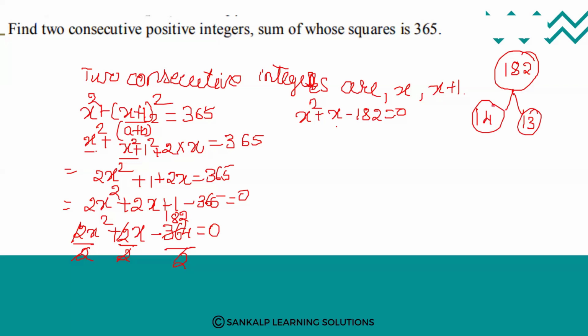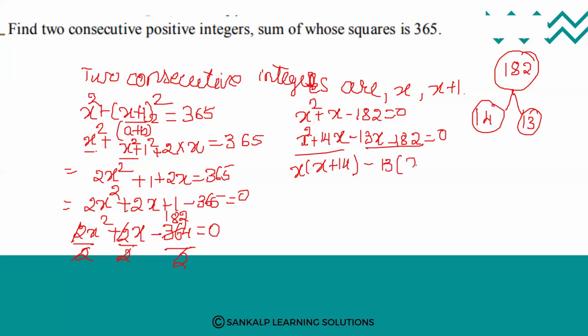So 14 minus 13 is x. x squared plus 14x minus 13x minus 182 is equal to 0. Now here x is common. So 182 can be written as 14 into 13.